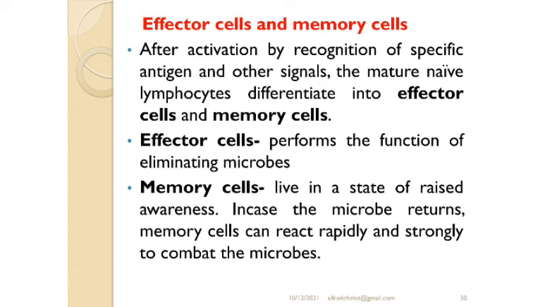Effector cells perform the function of eliminating the microorganism, whereas the memory cells live in a state of rest awareness. Then in case of re-entry of the microbe into the host, the memory cells can react rapidly and strongly to combat the microorganism.